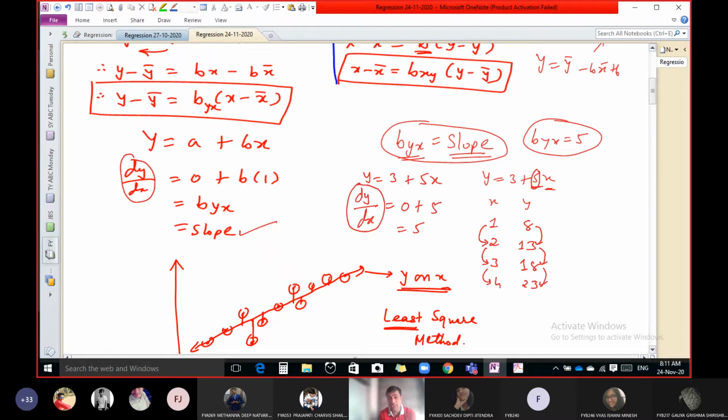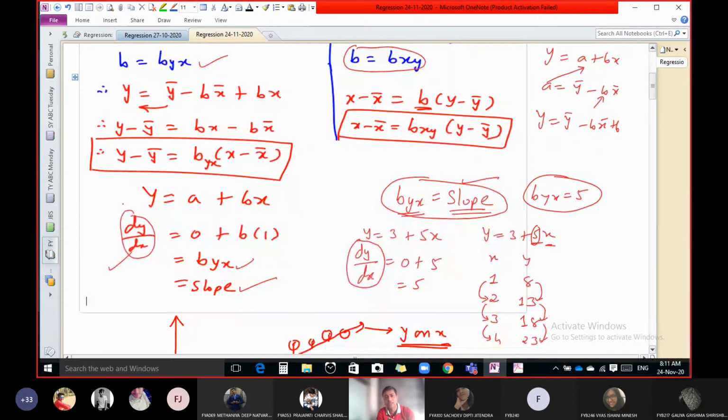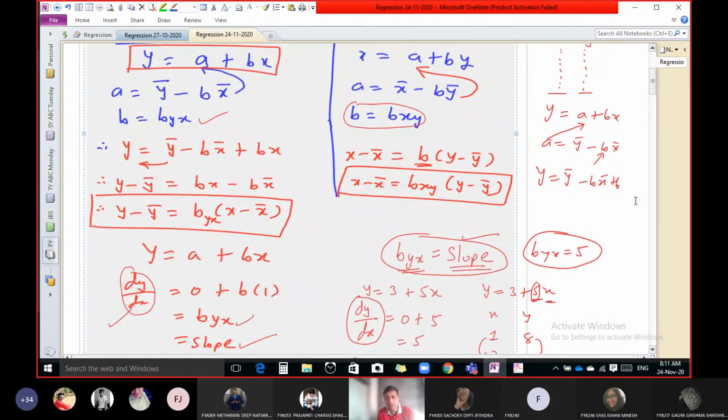That is why the derivative is also known as slope. So dy by dx, byx, or slope all have the same meaning. Right now we are not going to discuss the derivative in detail. Okay, let us continue.